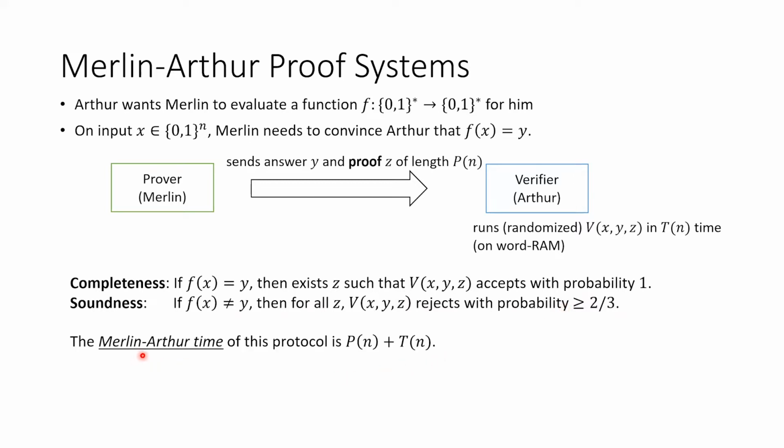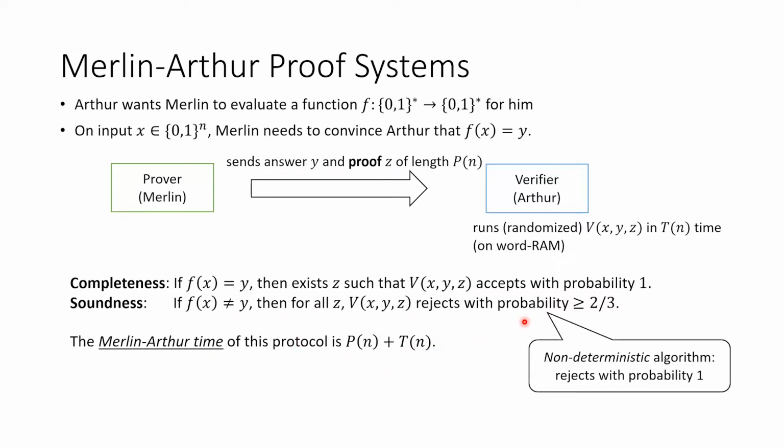We say the Merlin-Arthur time of this protocol is the proof length plus the verification time, meaning that we take into account the time for reading the entire proof string. And here we remark that if we require the rejection probability to be 1, then this protocol becomes a non-deterministic algorithm.